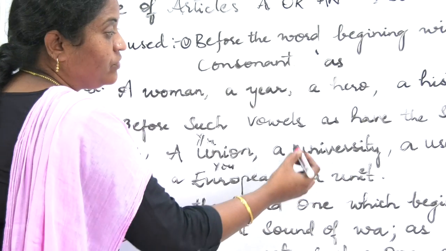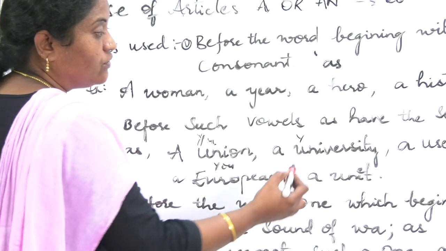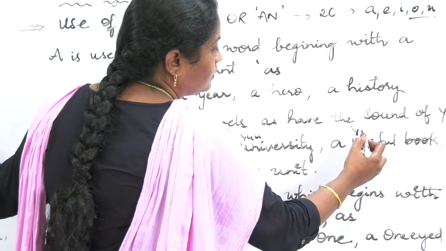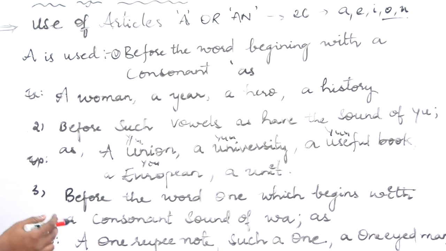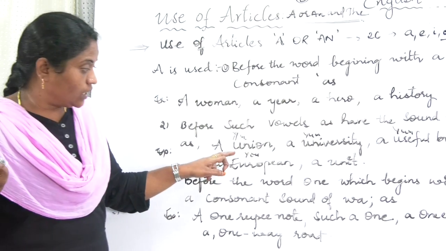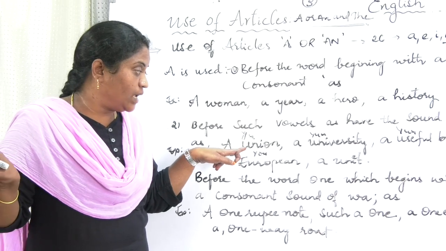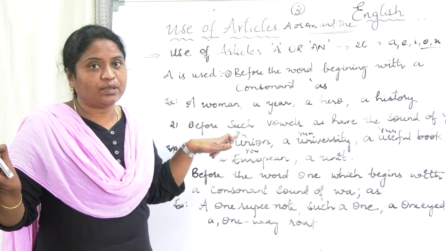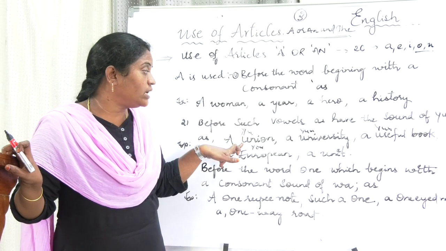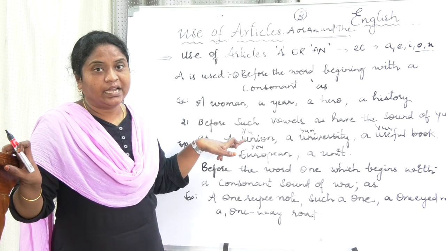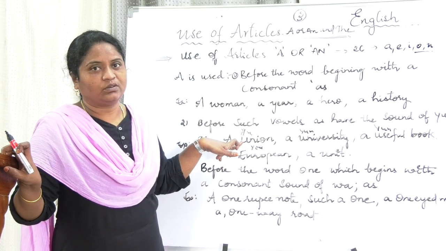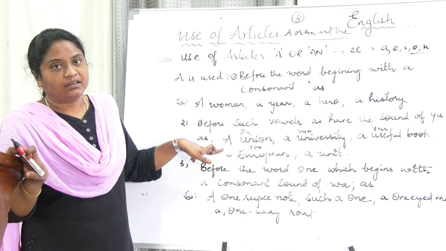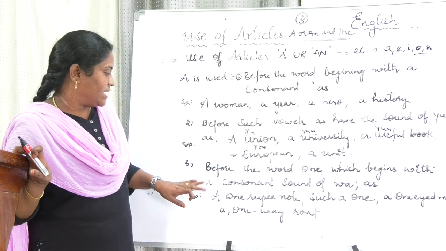University, in the same way, a Y sound. A university. In the same way, a useful book. So though the word begins with a vowel, the sound is also important. The sound is not a vowel sound, it is a consonant sound. That's why we are using the article a. Followed?